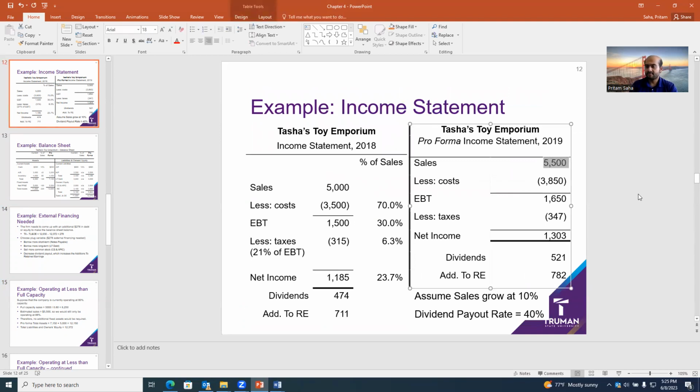Okay, and next year's projection is only 5,500. So that means if this company is growing to 5,500 from 5,000, the company would not need the full capacity of assets, because full capacity can generate $6,250 of sales. So for this growth, we should not need an investment in fixed assets, because we still have the capacity to achieve this growth without investing in fixed assets.